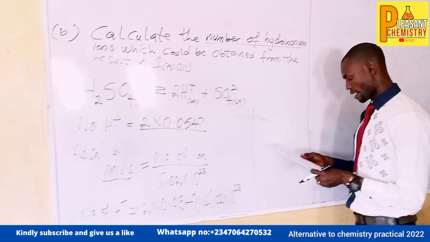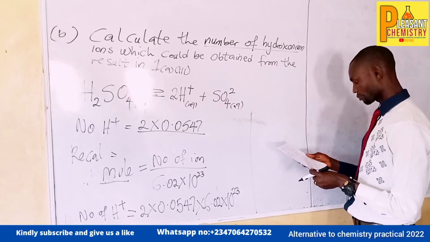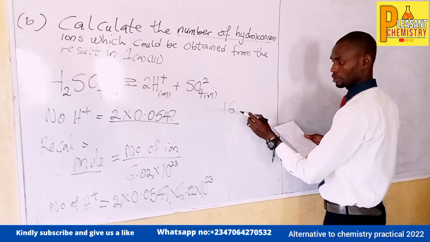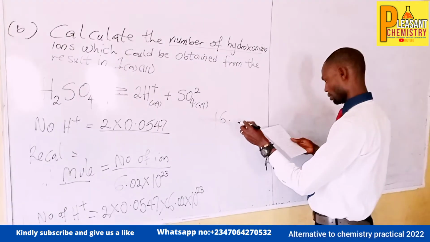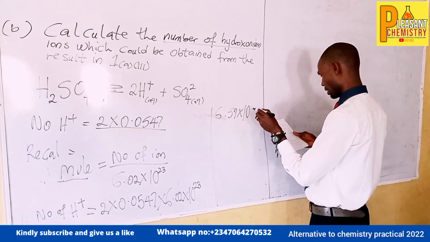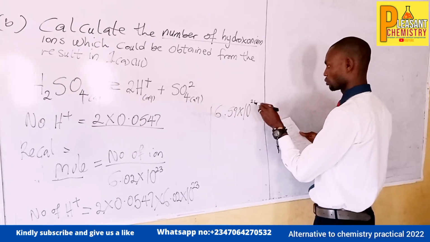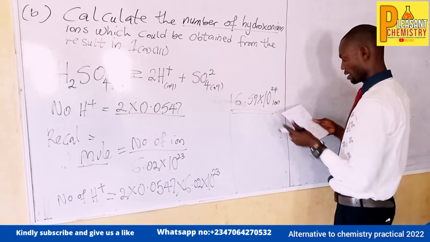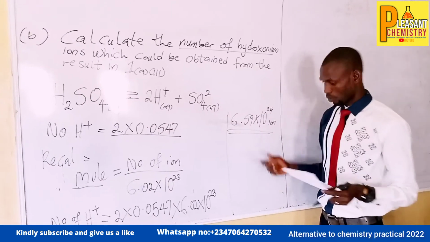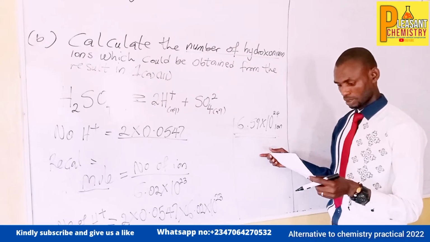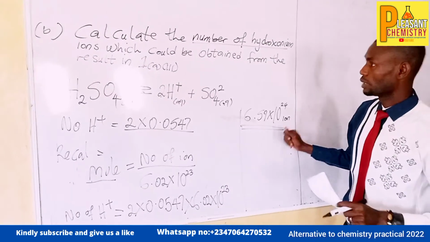Then our final answer will be 6.59 multiplied by 10 raised to the power 24 ion. That's our final answer. That's the number of hydrogen ion. That's the number of what? That's the number of hydrogen ion.